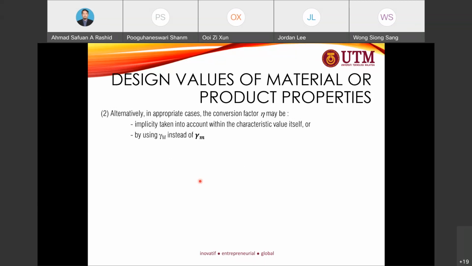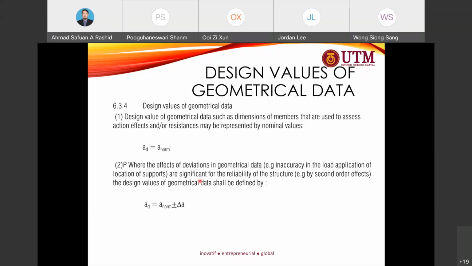Then another one is the design value for geometrical data. Normally there is no significant difference in the geometry to be used in the design unless we are scaling up or scaling down.